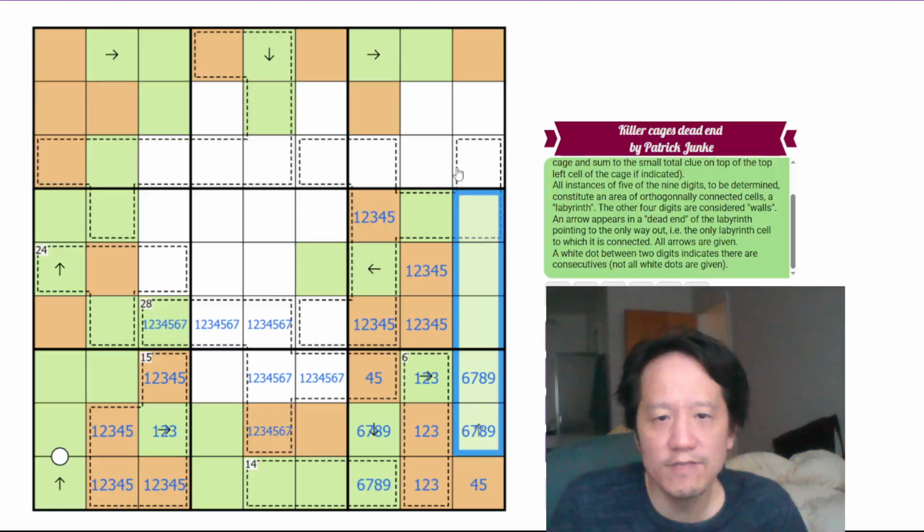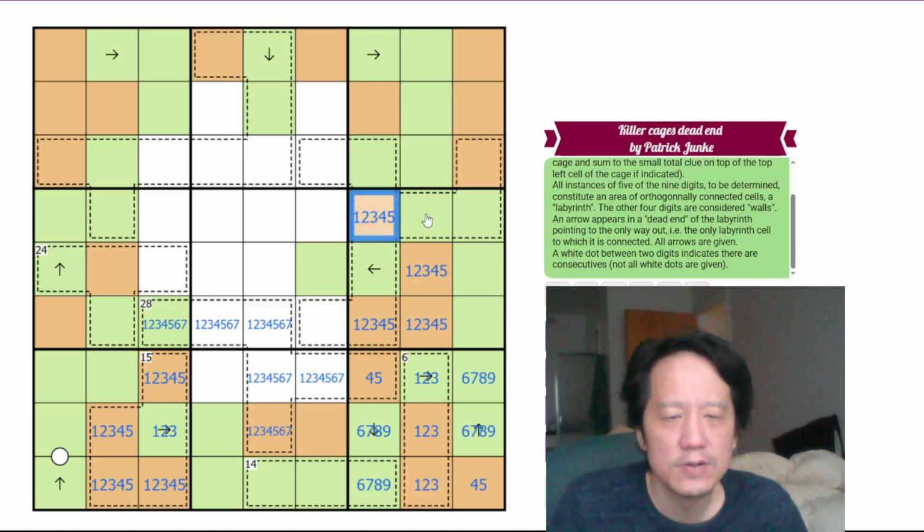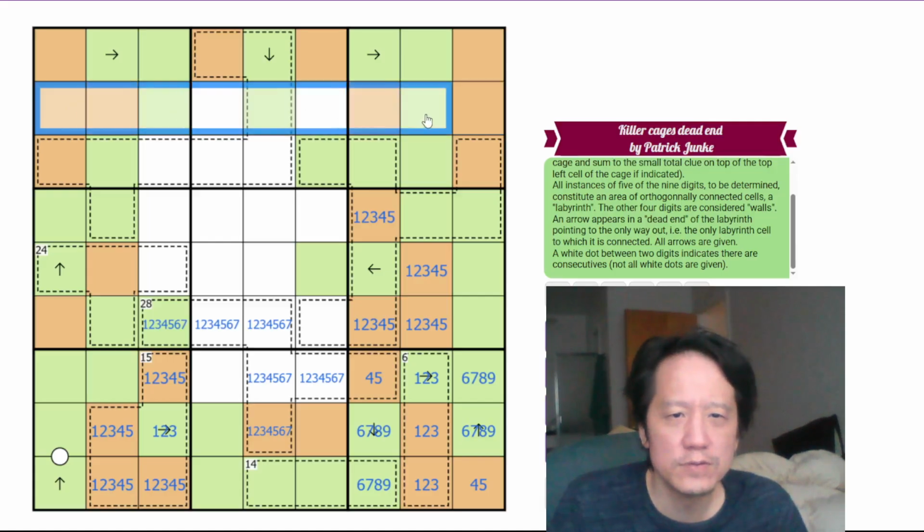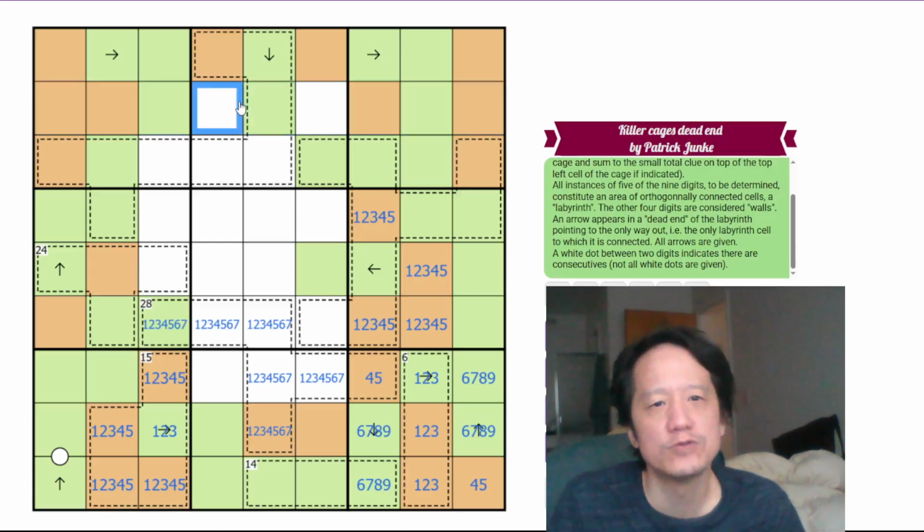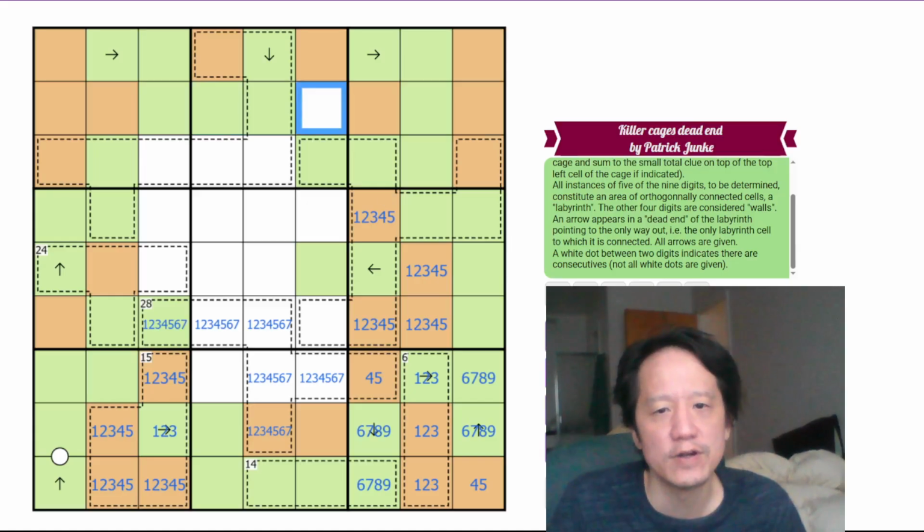We have 5 labyrinths in column 9, so they have to be walls remaining. We have 4 walls in box 3, so that means we have just labyrinth remaining. So this is labyrinth. This must go out this way to connect to the rest of the labyrinths. We have 4 walls, 1, 2, 3, 4 in row 2, so that leaves just labyrinth there.